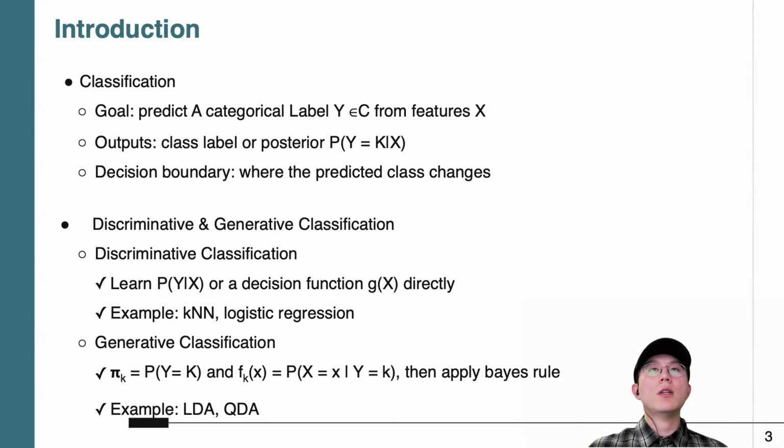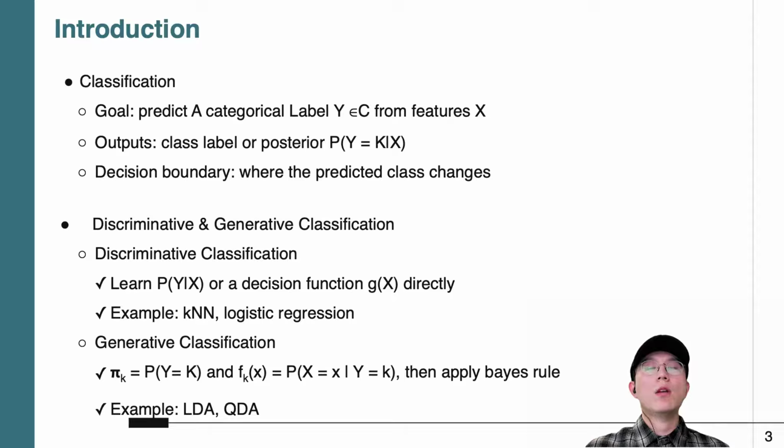Classification is about predicting a category or label Y from features X. We can output either a hard label, class label, or posterior probabilities. The decision boundary is the surface where the predicted class changes.